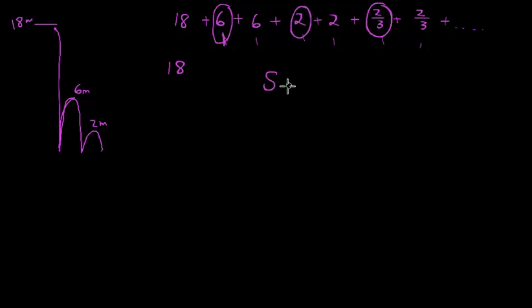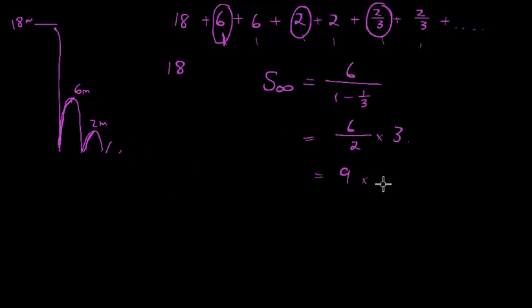So I'll take this sequence to infinity, where my first term is 6 and my constant ratio is a third. 1 minus a third, so I get 6 divided by 2/3, which is equal to 9. That is the total he would bounce up.